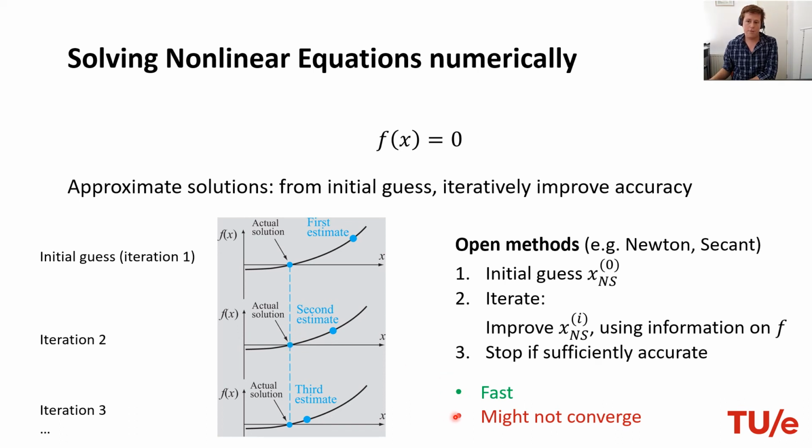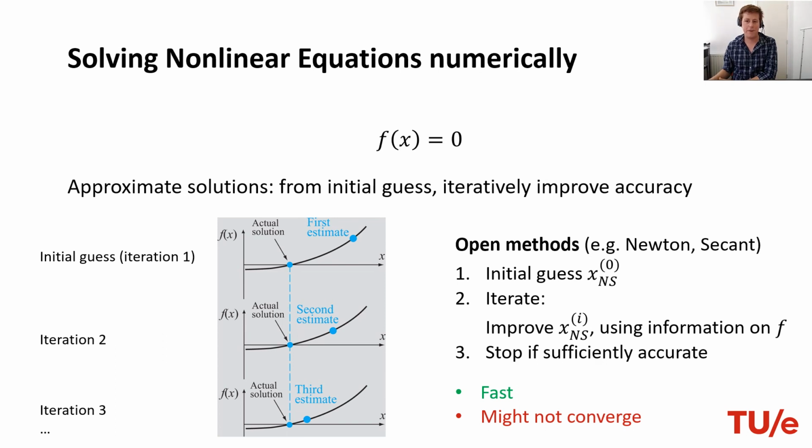However, there is no guarantee that these methods actually converge. If you choose your estimates in an unfortunate manner, it's quite possible that the method completely diverges. Also, throughout the approximation of the actual solution, sometimes things go wrong and oscillations or divergence of these methods may occur. That's something that you always have to keep in the back of your mind when working with these open methods.